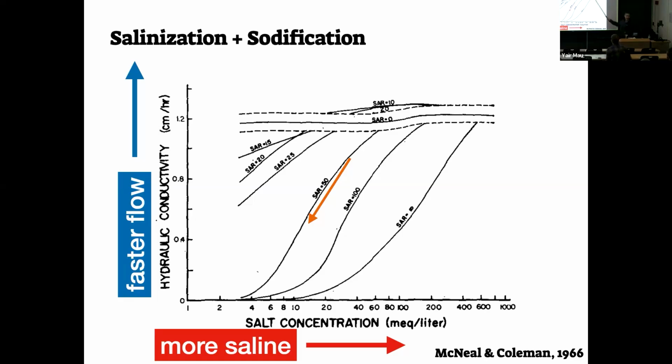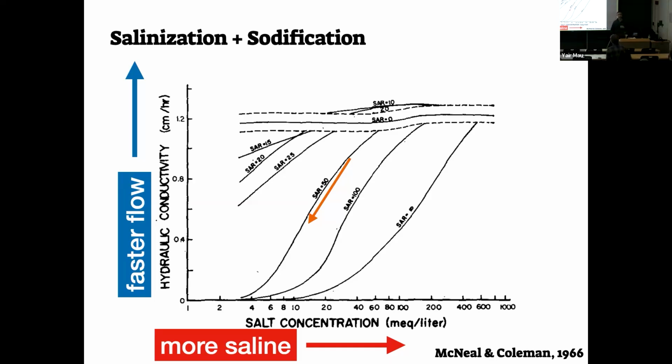We start with flowing high salinity water through the soil, and slowly we decrease the salt concentration, and we go from right to left, and we see that as salt concentration goes down, the soil becomes less and less permeable.